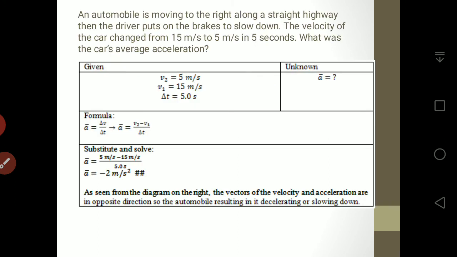So, an automobile is moving to the right along a straight highway. Then the driver puts on the brakes to slow down. So, the velocity of the car changed from 15 meters per second to 5 meters per second in 5 seconds. What was the car's average acceleration? So, take note natin yung mga given.